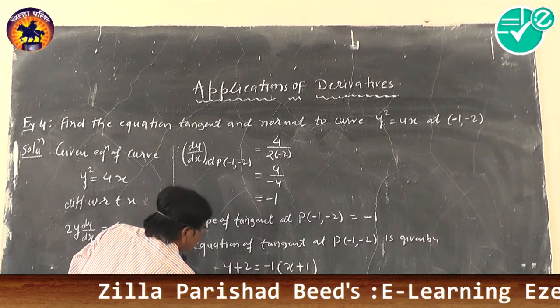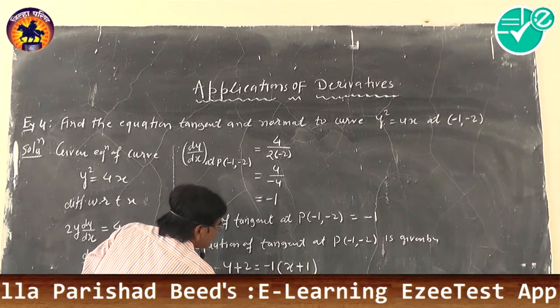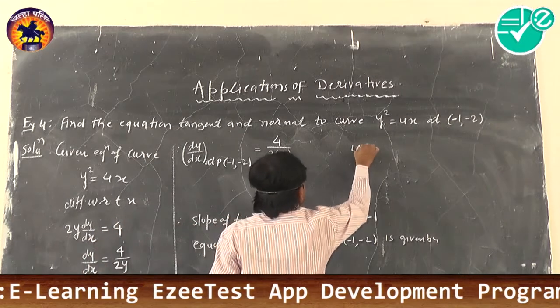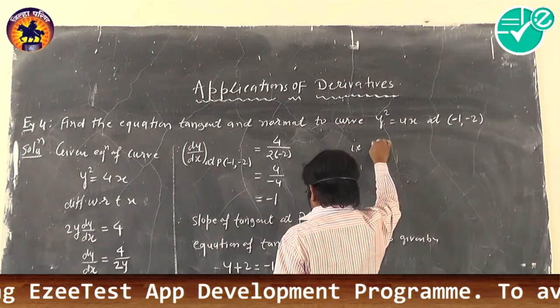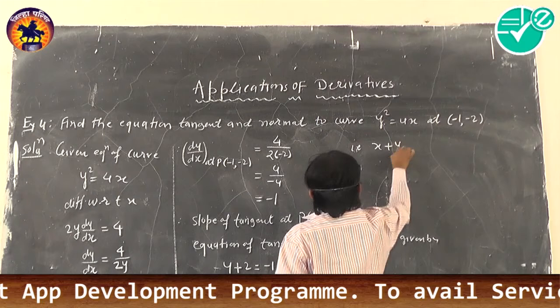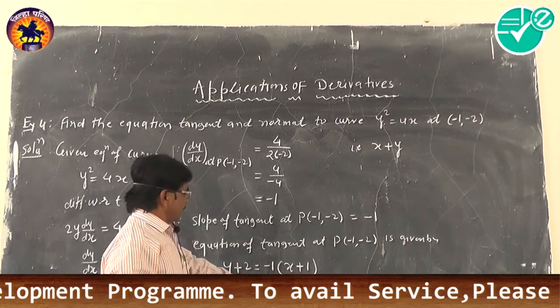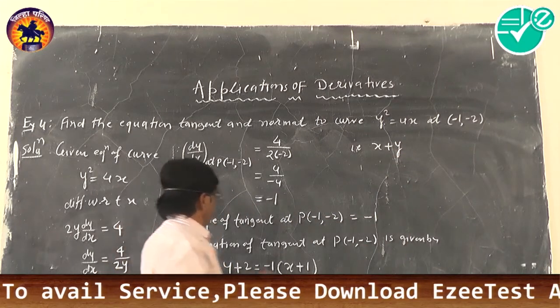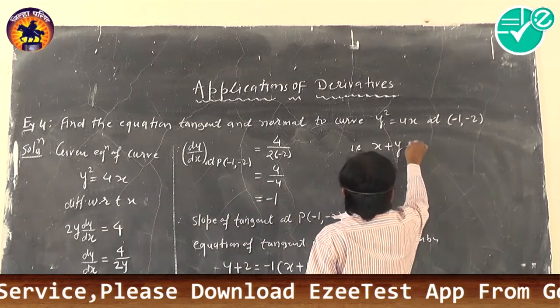So y plus 2 is equal to minus x minus 1, that is x plus y, taking x to the left side, minus gets plus, and minus 1 gets plus, that is x plus y plus 3 is equal to 0.